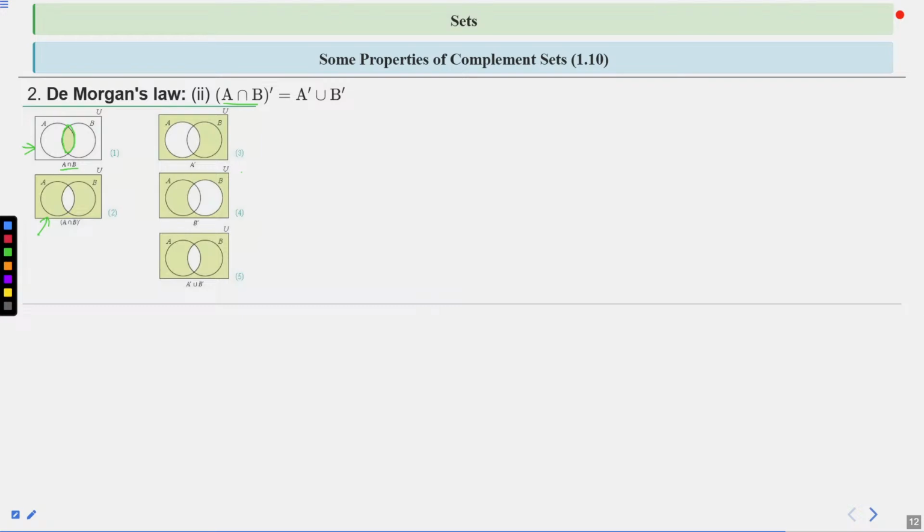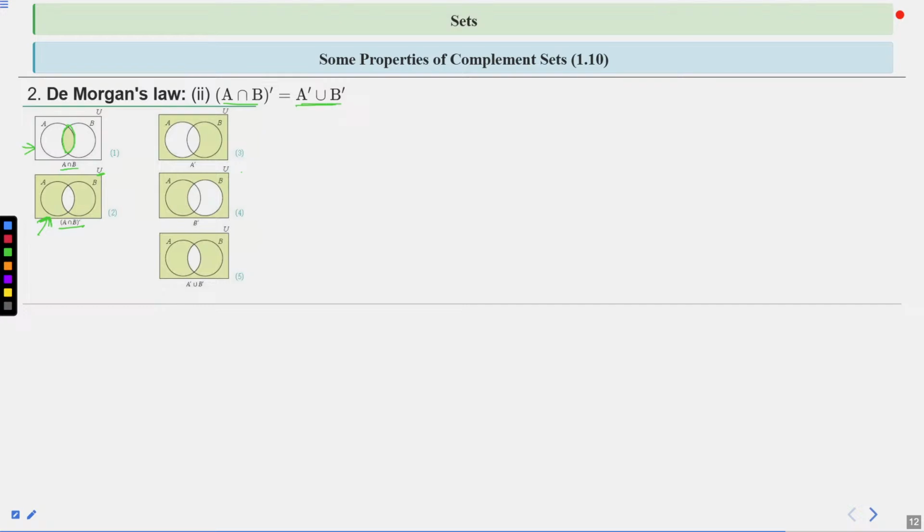And this green shaded part is represented, in terms of intersection and complement, as A intersection B whole complement. Meaning we are collecting all those elements in universal set which do not belong to the intersection. So as you can see, we do not include the intersection elements here. Clear? It is all coming from the definition.